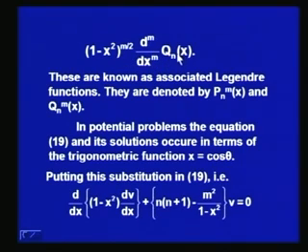We know that Pn x and Qn x are the solutions of the Legendre's equation. So, these are known as associated Legendre's functions. They are denoted by Pnm x and Qnm x.